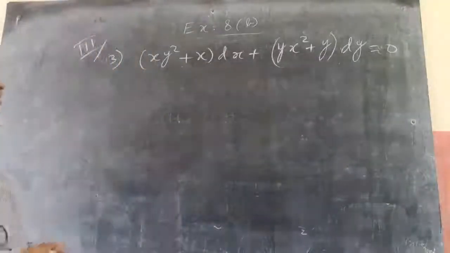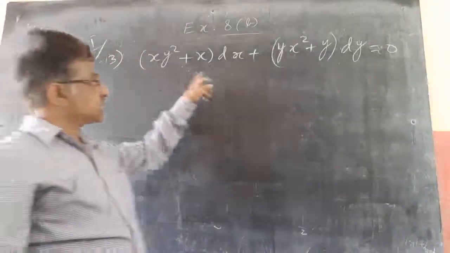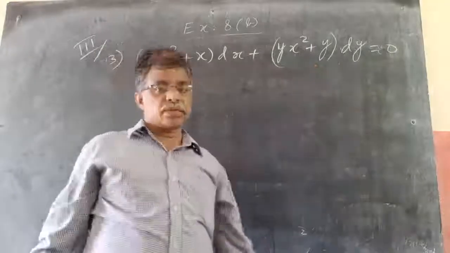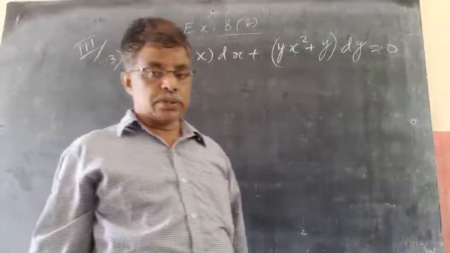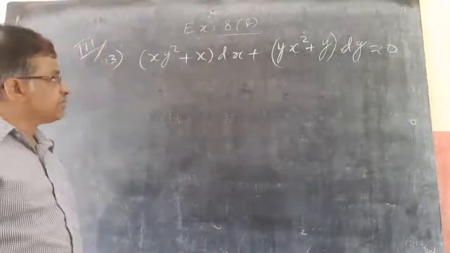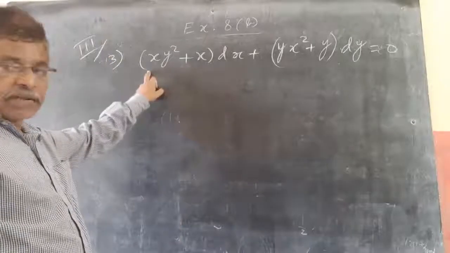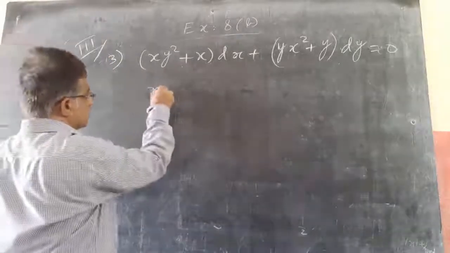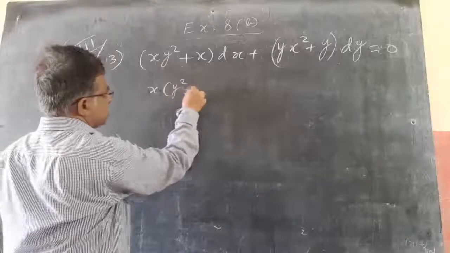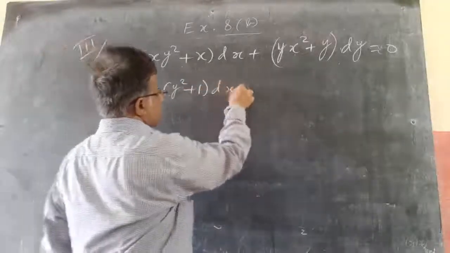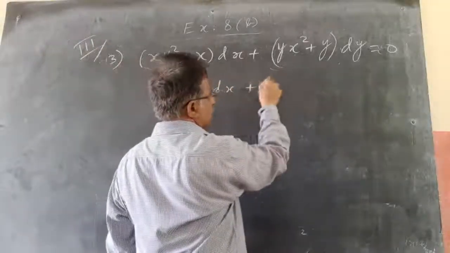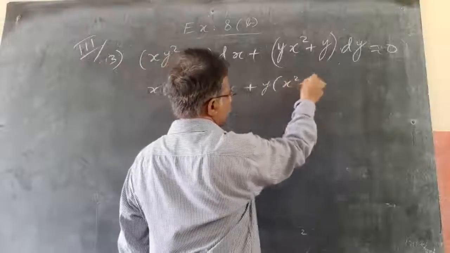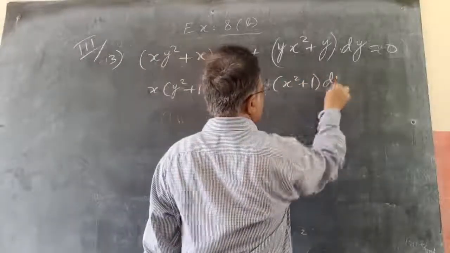Coming to the next one: (x y square plus x) dx plus (y x square plus y) dy equal to 0. Same, you can separate the variables. Observe, you can take x common here, so this becomes x into (y square plus 1) dx, and here y common, becomes (x square plus 1) dy equal to 0.